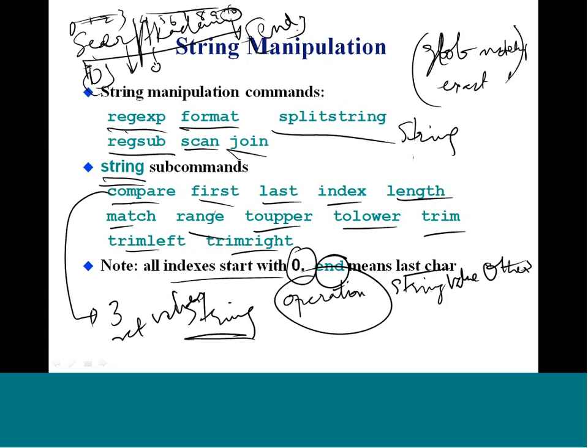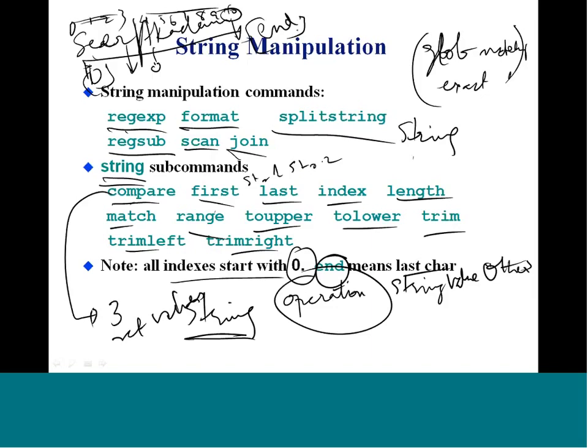Then first also takes two arguments, string 1 and string 2, and returns the index in string 2 of the first occurrence of string 1.